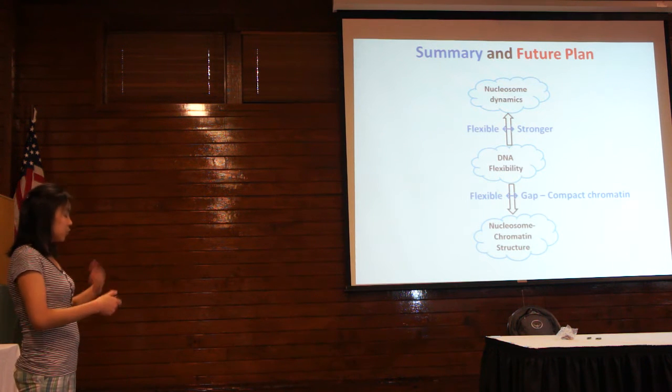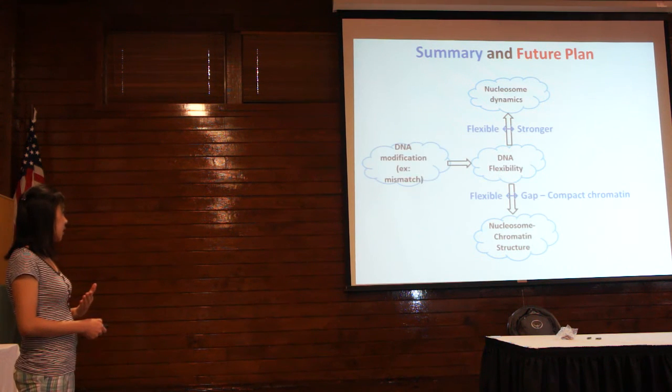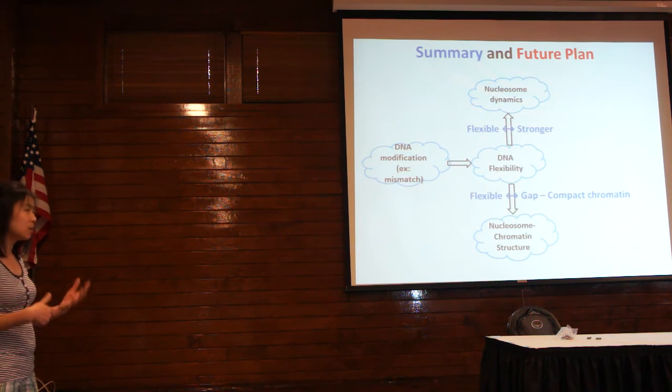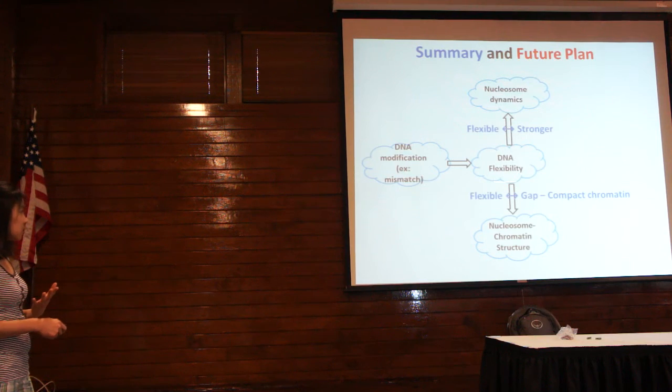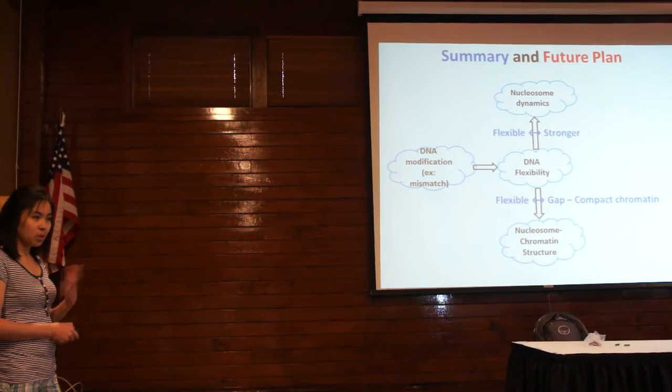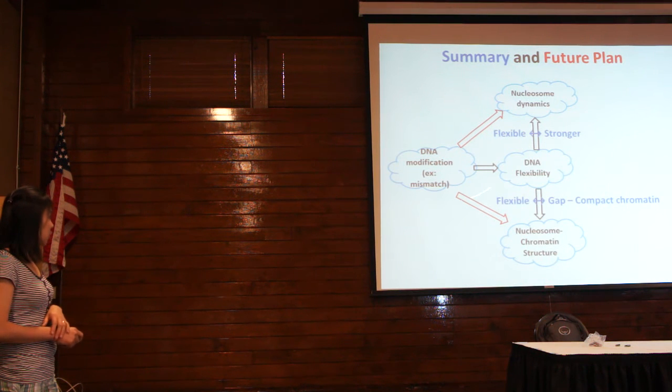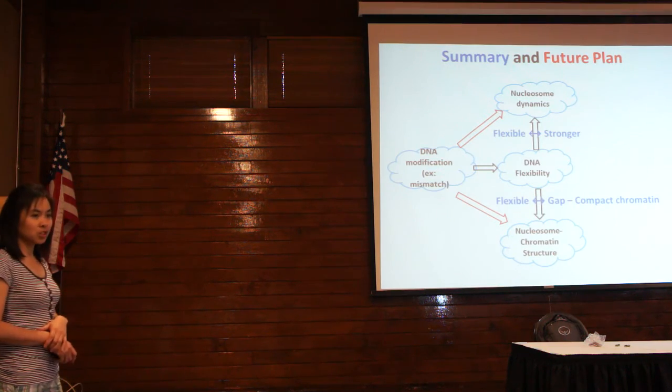For the future, from the cyclization study, we know that if we modify DNA, for example by introducing a mismatch, we change the DNA's flexibility. So in the future, I want to study how modification of the DNA can affect nucleosome dynamics and chromatin structure.